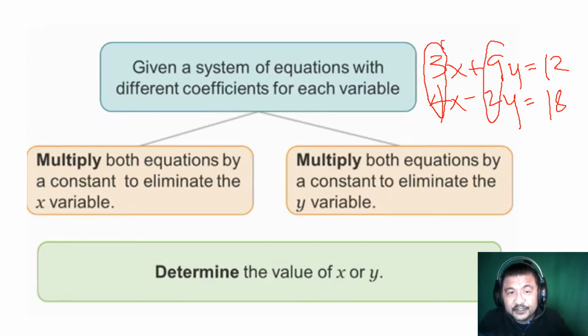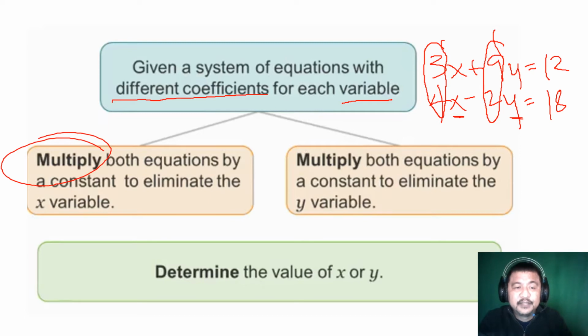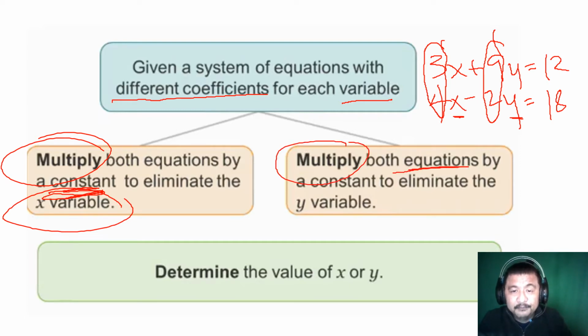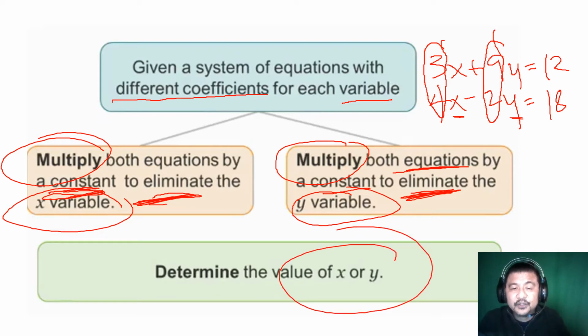Different coefficient for each of the x and the y. So guess what? Multiply both of them by a number, a constant, so that you could remove the x. Or you could multiply also both of them by a constant again so that the y could be eliminated. Once you eliminate either the x or y, then you could solve for the value. It's going back to the old method.